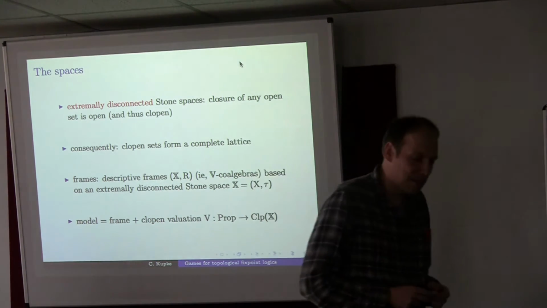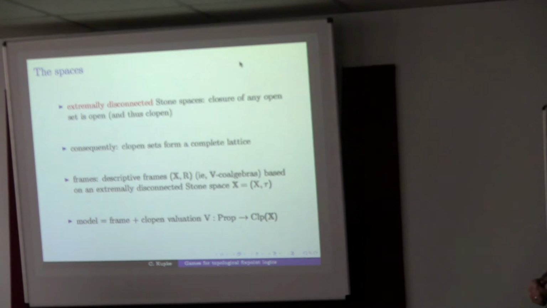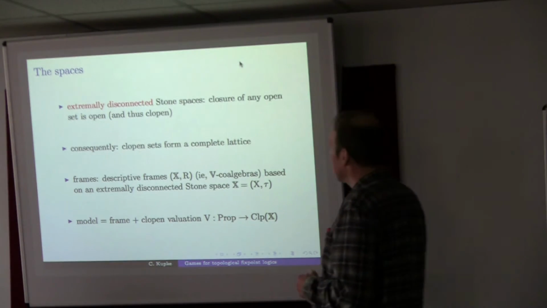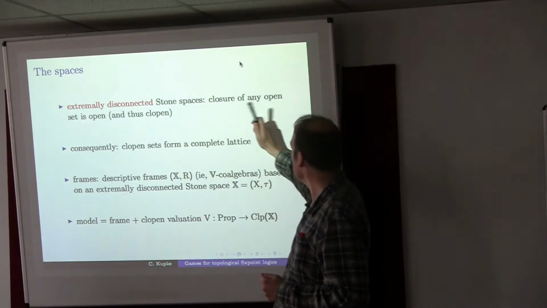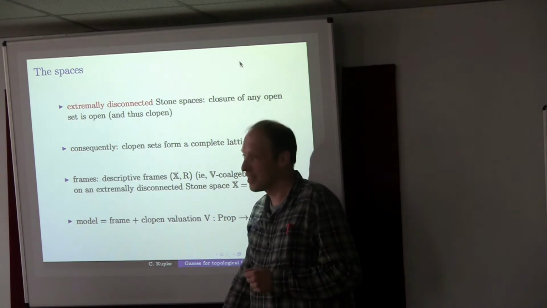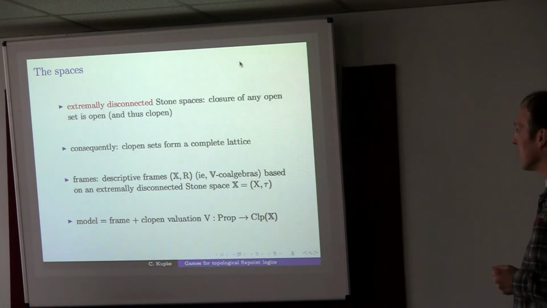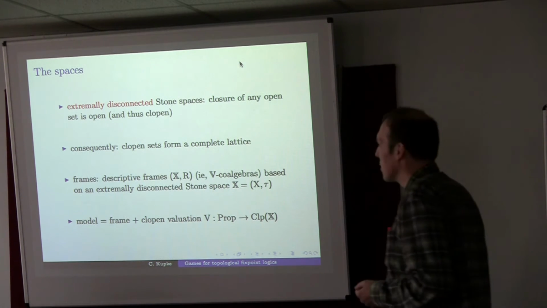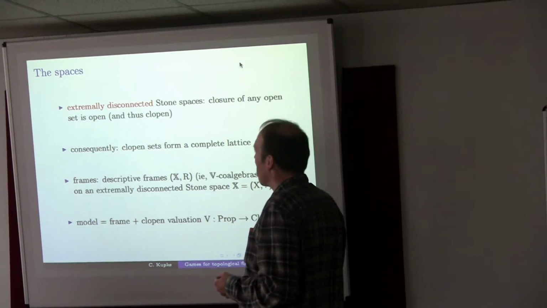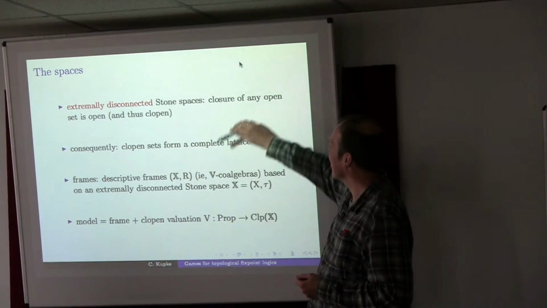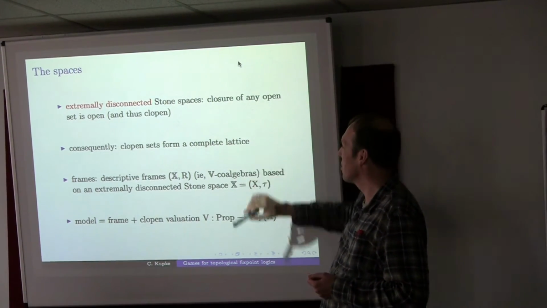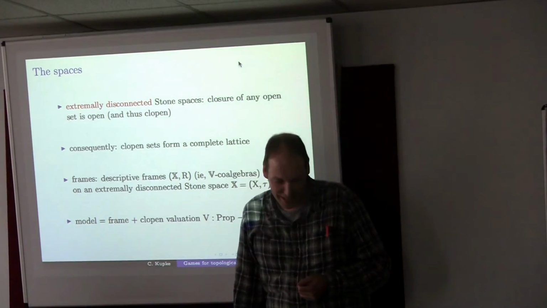A Stone space is a compact Hausdorff space with a clopen basis. Extremely disconnected means that the closure of any open set is again open. And if you think about it, that also means it's clopen, because it's a closure and it's open. But much more basic, you could just say that you want the clopen sets to form a complete lattice.